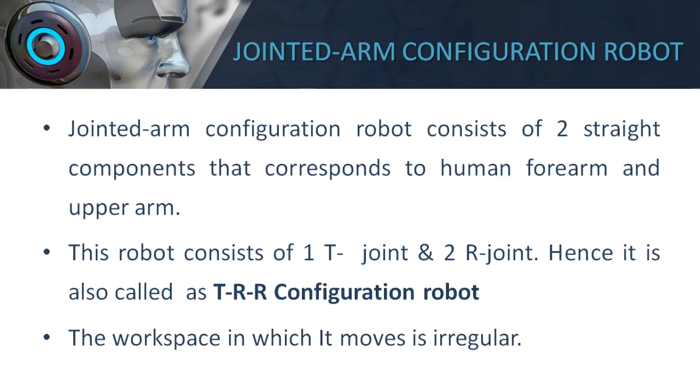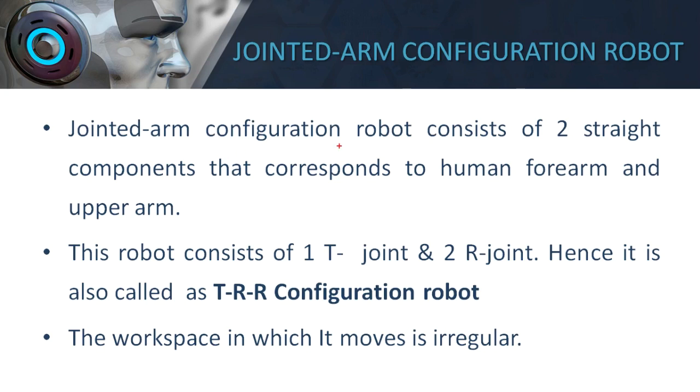The next type of robot that we will be discussing is the jointed arm configuration robot. So this type of robots are actually most popular among the industry people, or in the industries that robots are used, just because it almost resembles the human shoulder and the arm assembly.